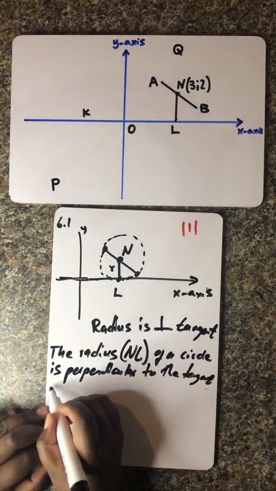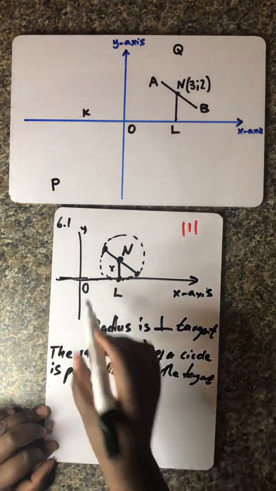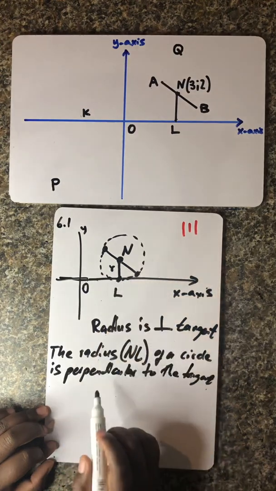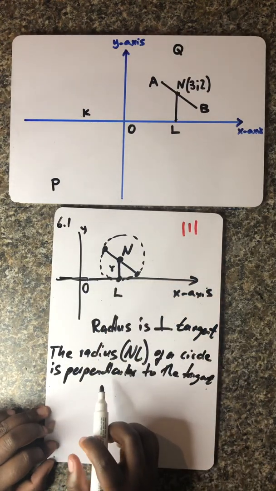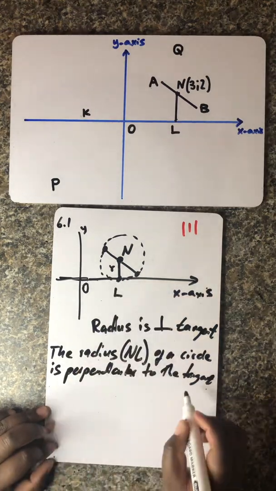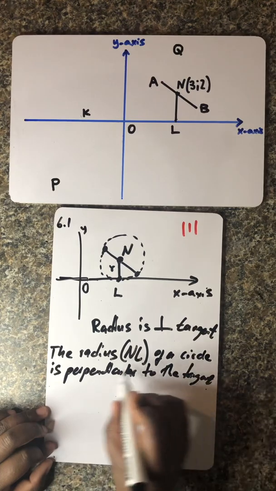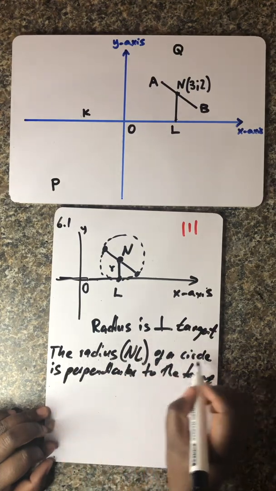tangent. Remember, ladies and gentlemen, they are saying, why is it perpendicular to OL? Okay, so obviously the tangent is that OL. Okay, so it's tangent to the, what is it? The radius NL of a circle.